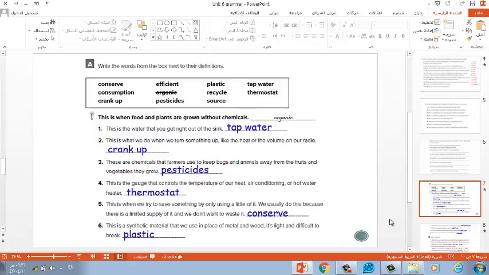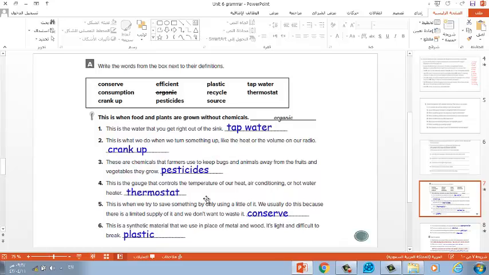Now shifting to the workbook, page 59. Okay. We've got this question. Write the words from the box next to their definitions. Conserve, consumption, crank up, efficient, engine, organic, pesticides, plastic, recycle, source, tap water, thermostat. Think of the answers.